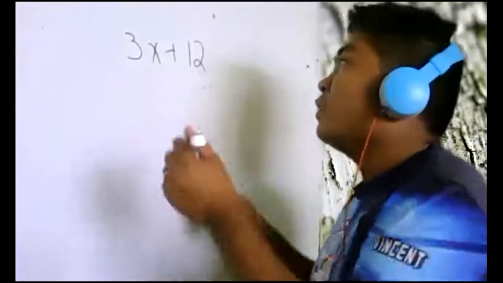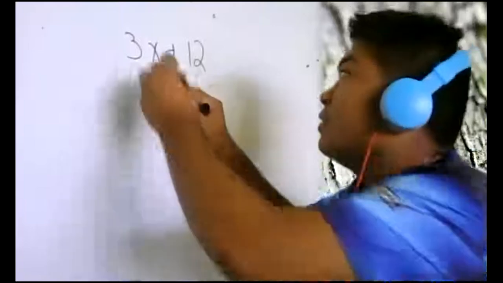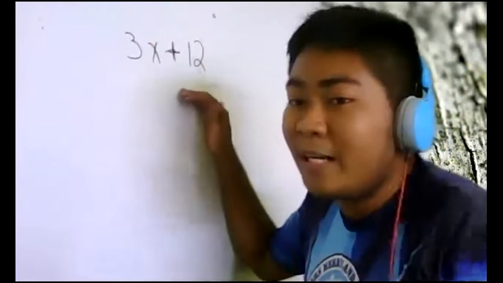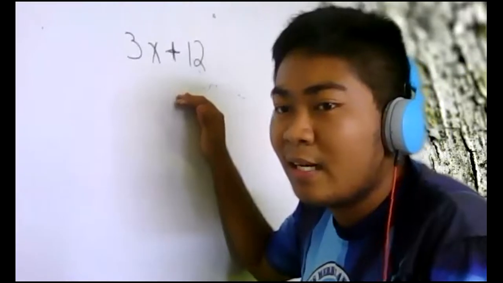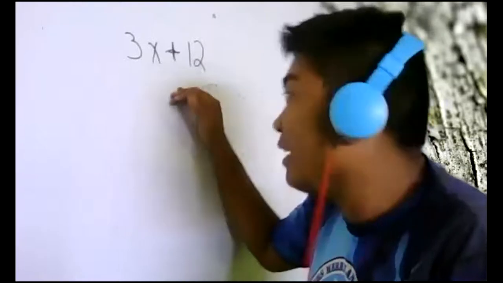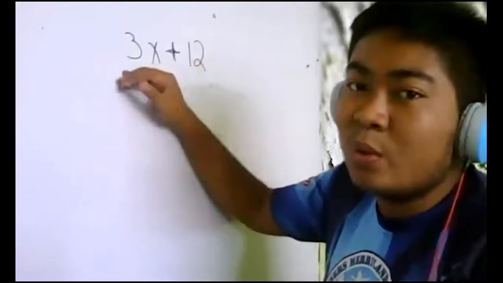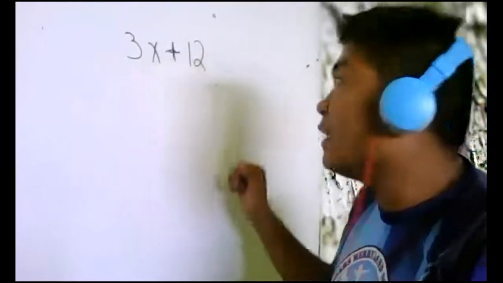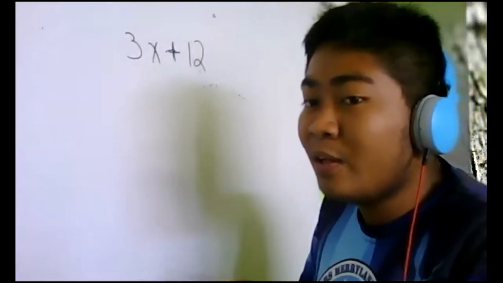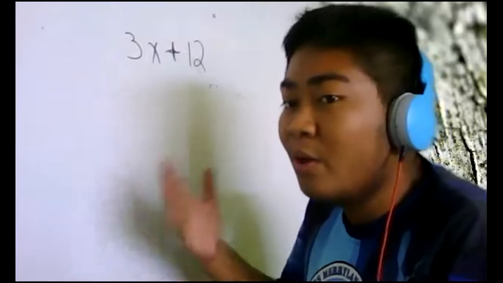So, recap muna tayo in your grade 7. So, ang tawag natin dito is it monomial pa din? Or we can call it as binomial? So, binomial na siya, because it has two terms na. So, recap muna tayo. Kapag iisa, we can call it as monomial.